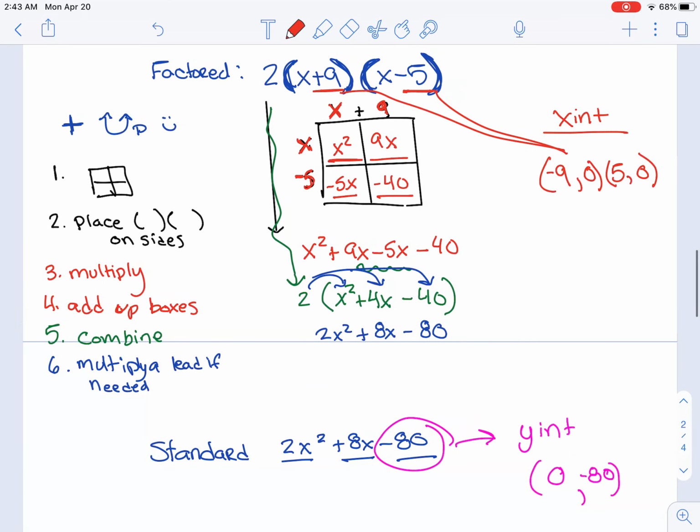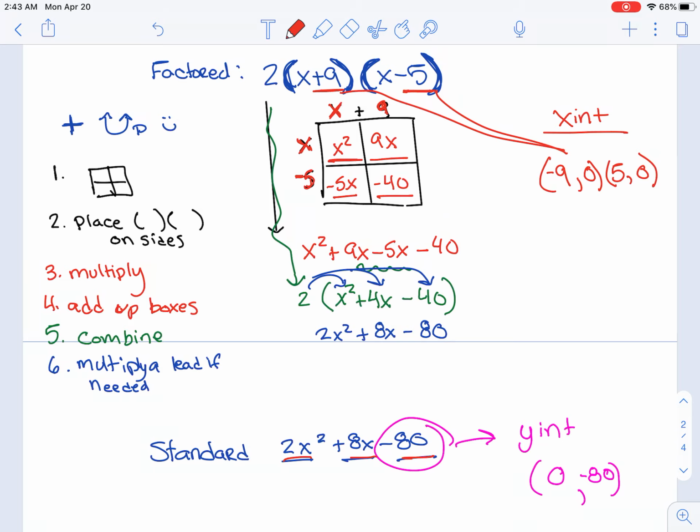Okay, today we practiced from factored to standard. It's not the first time you've seen this. We're reviewing. We're using that box to multiply. We're trying to get to the thing that has 3 pieces that we call standard.